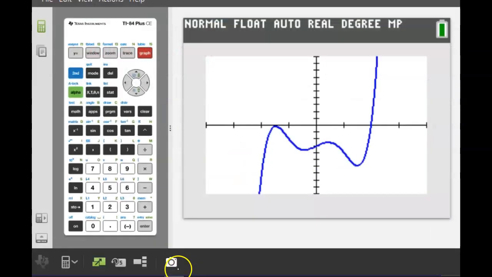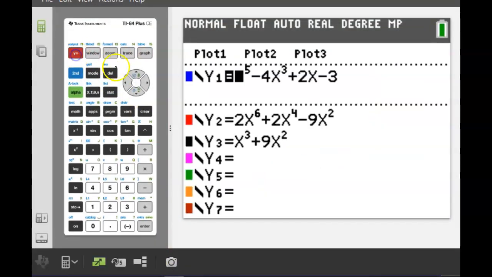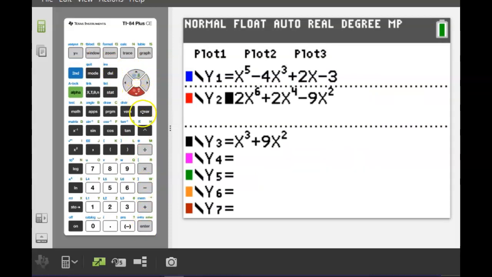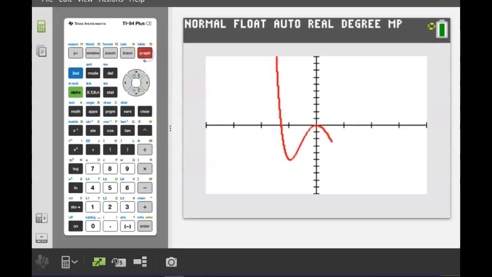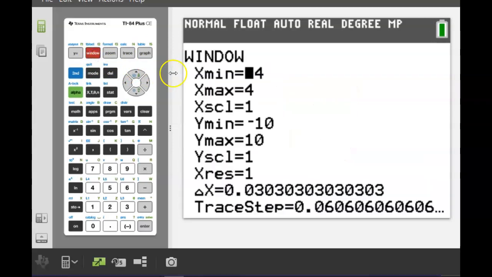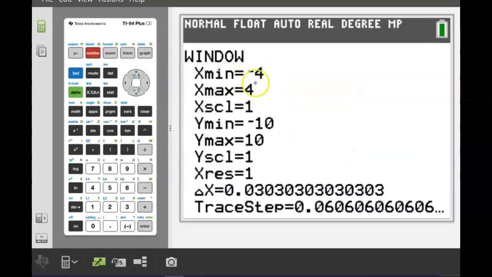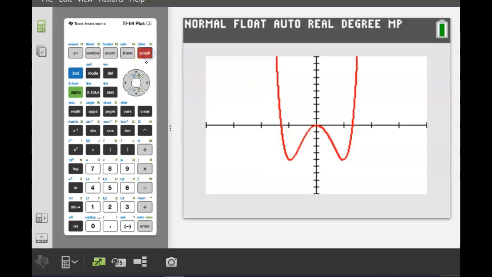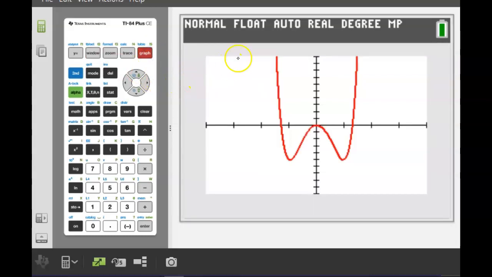Type it in your calculator: 2x to the 6th plus 2x to the 4th minus 9x squared. And my window is actually really good, the window that had a -4 and a 4 as the x's. You can leave it at -10 to 10.